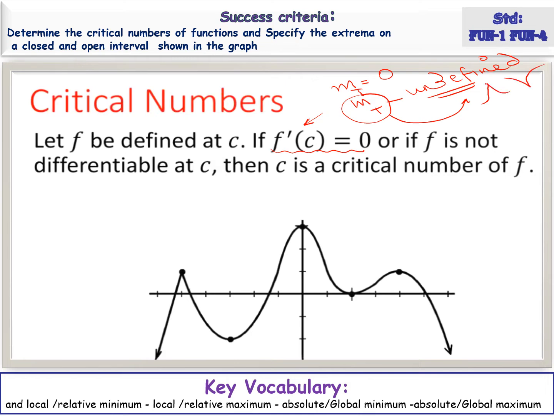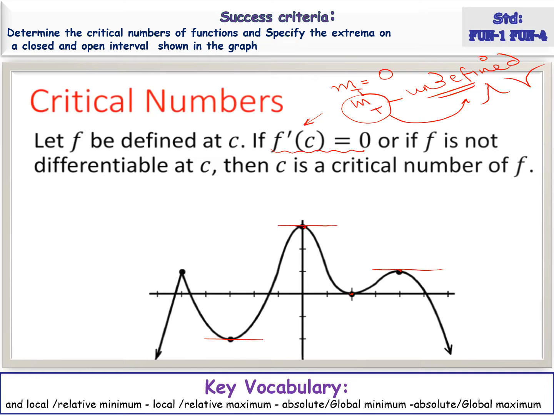So look at this graph and find out where the derivative is 0, meaning the slope of the tangent line is 0. So you can see at this turning, if we make a slope, it is equal to 0. Similarly, over here, the slope of the tangent line is 0. At this point, the slope of the tangent line is 0, and over here, the slope of the tangent line is 0.